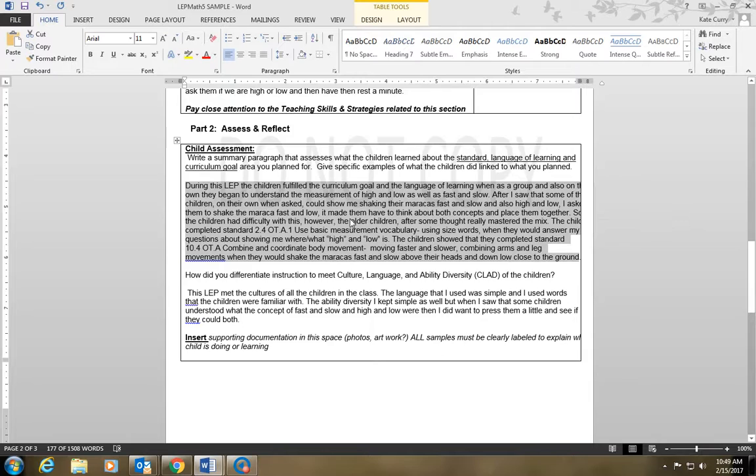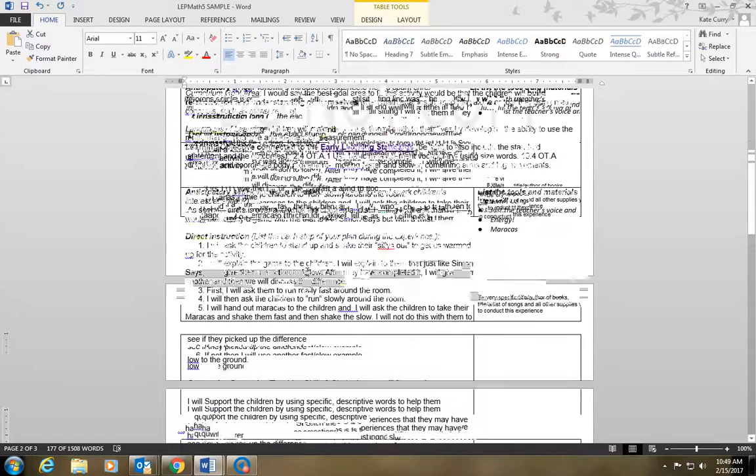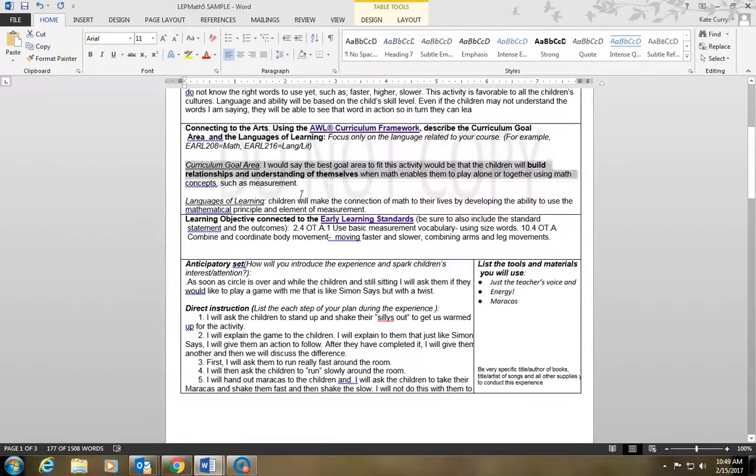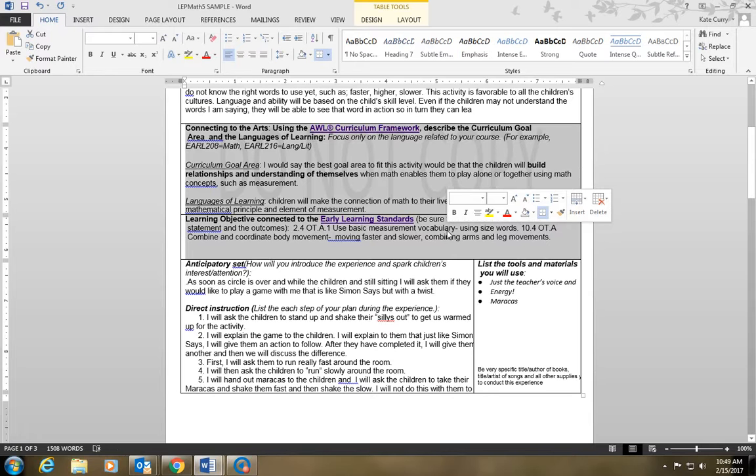So this section here should have lots of the words from your plan. The children were able to build relationship and understand themselves because here's what they did. Here's what Johnny said. Here's what Cindy said. Here's what they did. They also learned about measurement because I saw them talking about this and learning this.